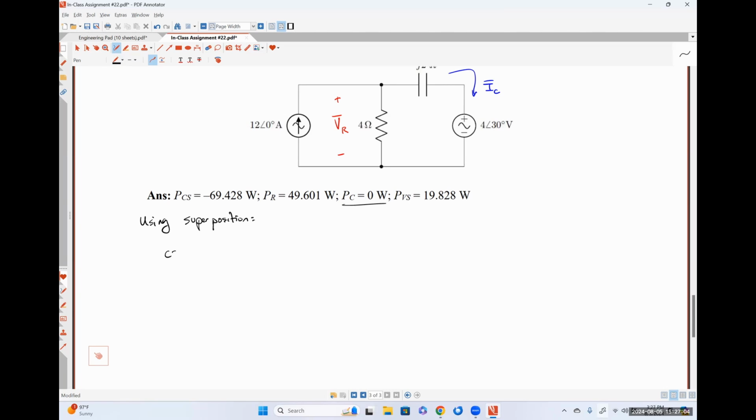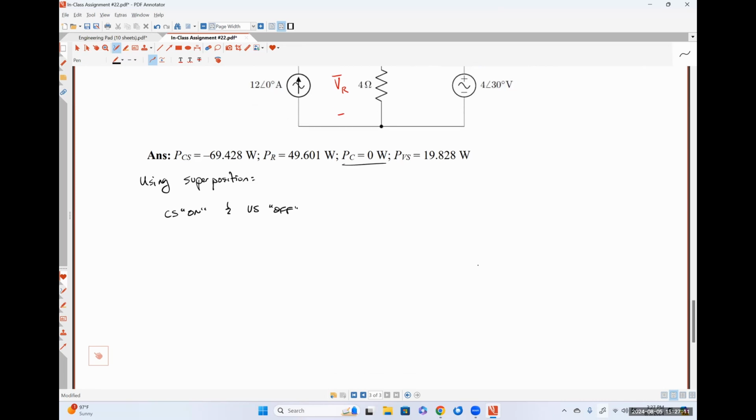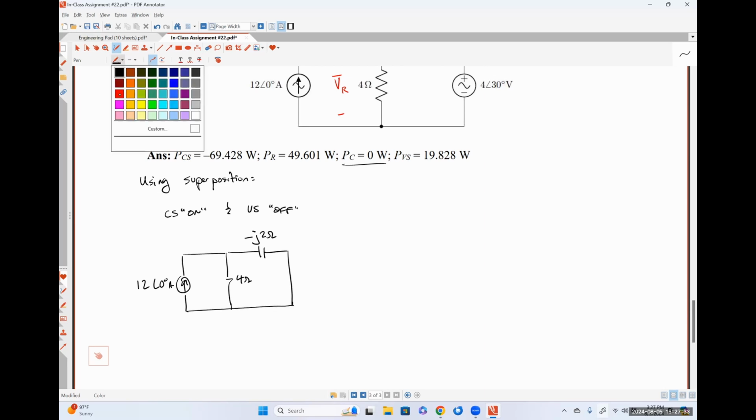so let's start with current source on and voltage source off. We're going to have 12 angle 0 degrees amps, 4 ohms, minus J2 ohms. That is a short circuit. This is VR prime.